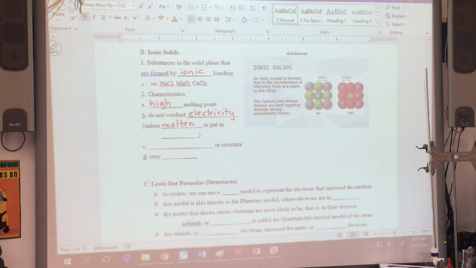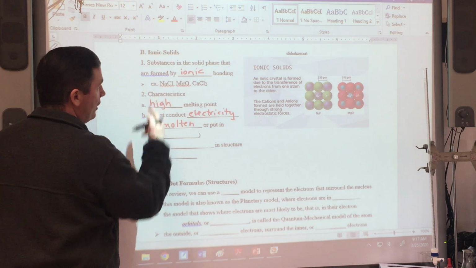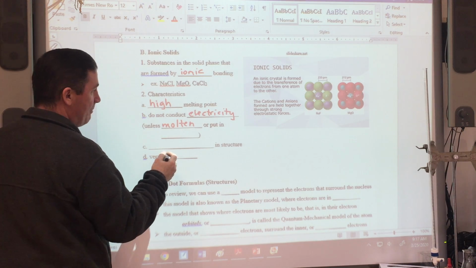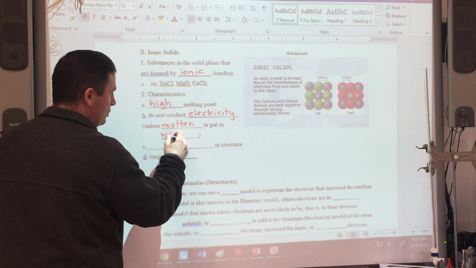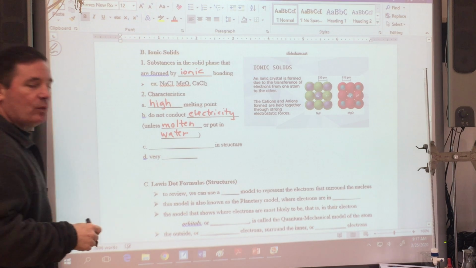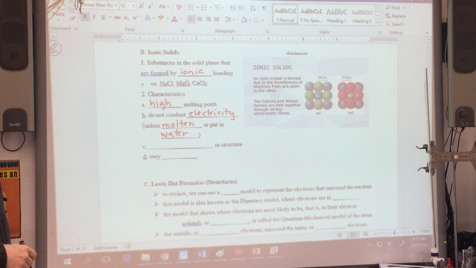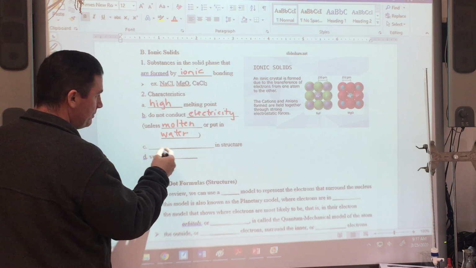Think of molten lava: molten is a solid that you've heated up to the point where it's actually liquidy, but it's still just that compound. We can also do the same thing if we have them in water, because ionic substances, when they're put in water, will separate into their ions. I'll show you that here in a second.